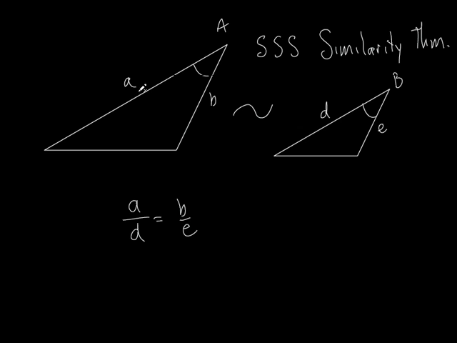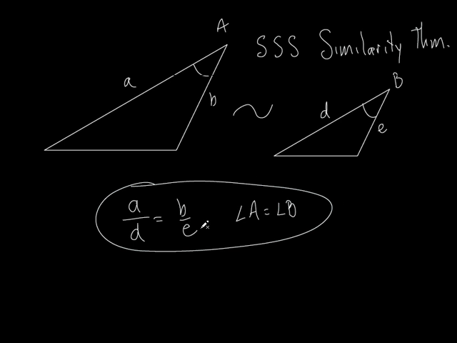This would be side angle side similarity. If I knew that, what can I say about my triangles? They are similar, and it's not because of side similarity. It's the side angle side similarity.